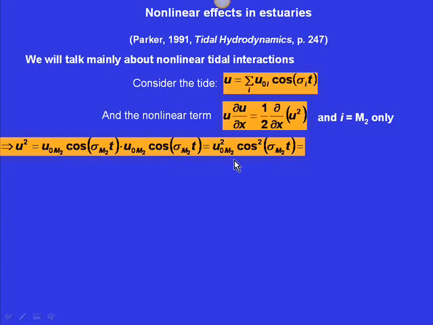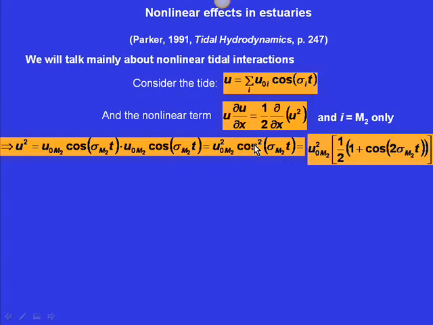So that product is that. Again, this comes from the nonlinear term, from the advective term. So the product gives you a square term, and this cosine squared equals 1/2 of 1 plus cosine of twice the frequency times time. So notice that we have a term with zero frequency and a term with twice the frequency of the generating term.